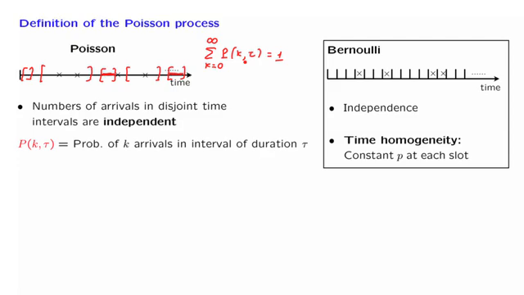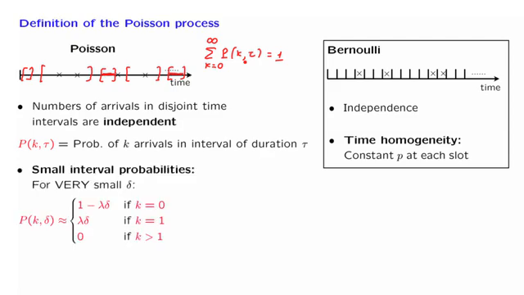In order to avoid this situation, we introduce one more assumption, which is the following. It talks about the number of arrivals during a time interval that has a small length delta. During a small time interval, there is negligible probability of having more than one arrival.